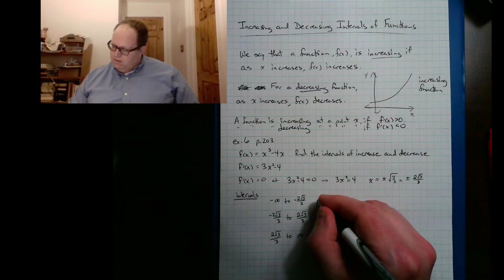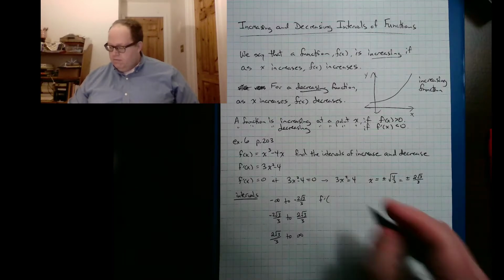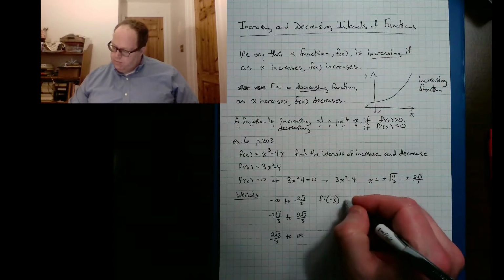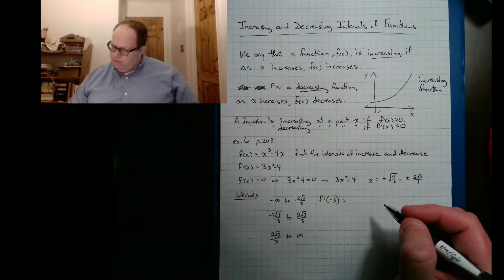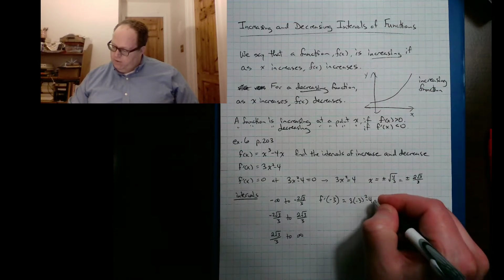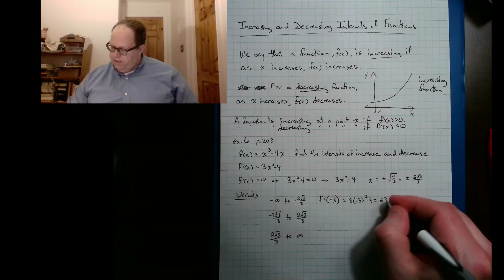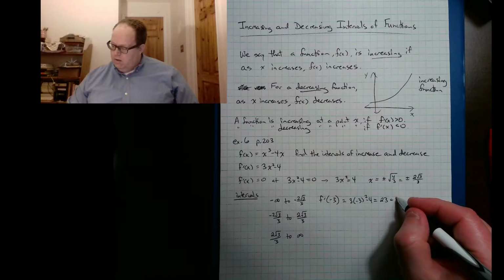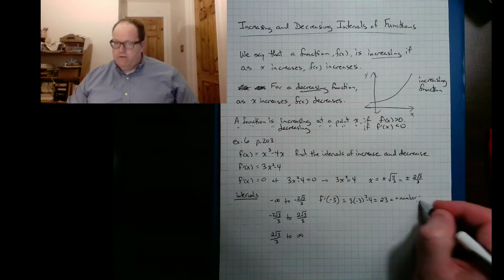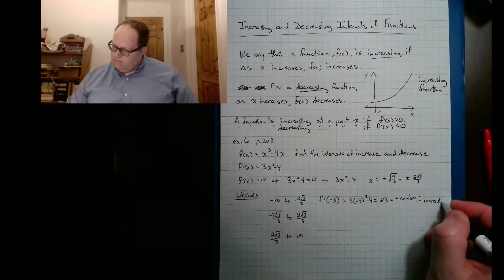So let's find the value of the derivative at negative 3, just to make sure we're in a good place. That is equal to 3 times negative 3 squared minus 4, which is 23. Positive number, therefore increasing function.